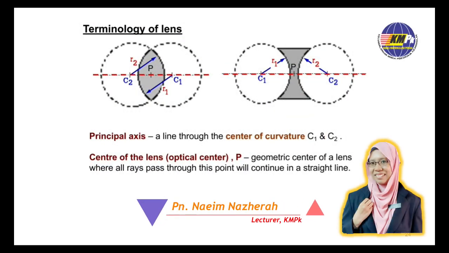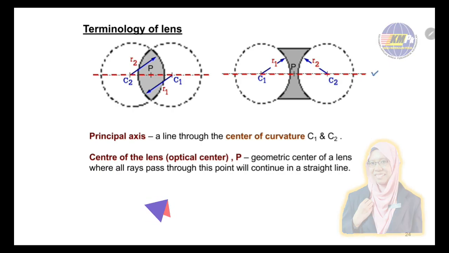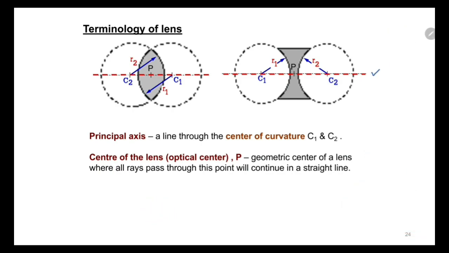This is the terminology of a lens. We have the principal axis, shown by the red dotted line, which is the line that passes through the centers of curvature of the two surfaces. Next is the optical center, point P. When a ray passes through this point, it will continue in a straight line.